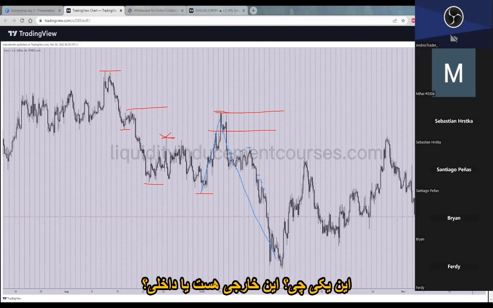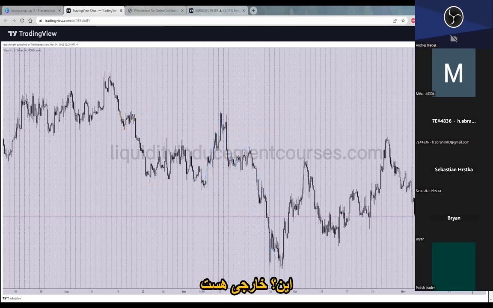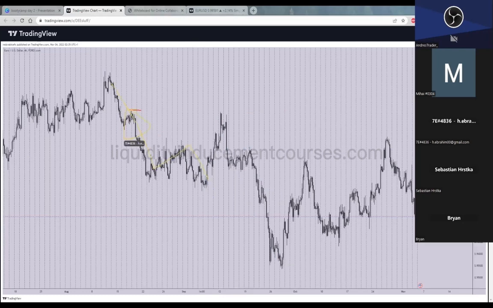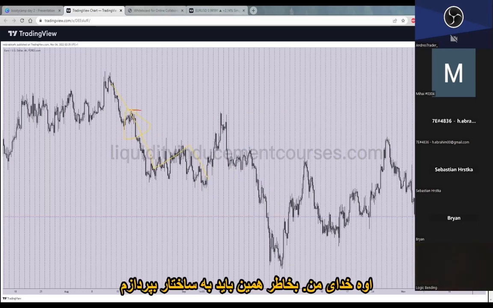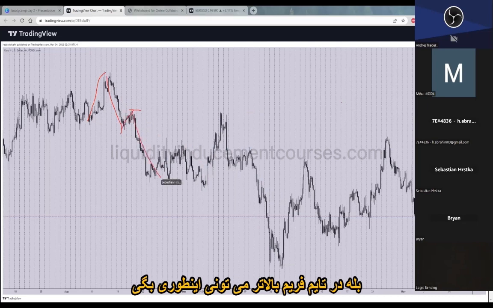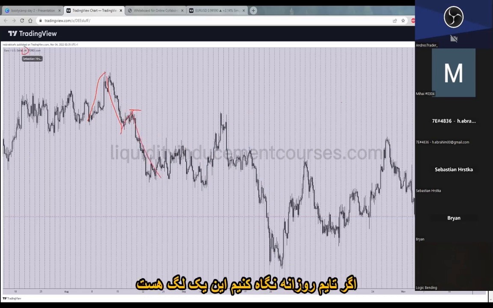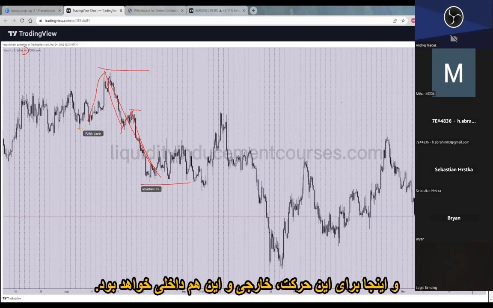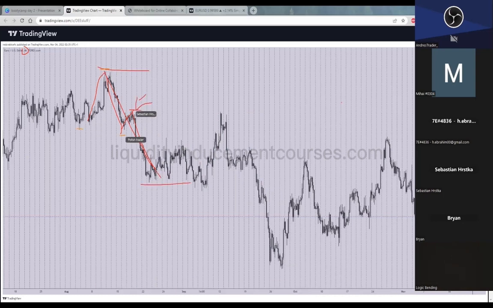But what about this one? External or? This is external, but it's inside this leg. Oh my god, that's why I hate structure. Structure is really subjective. But you can say that on a higher time frame, if we go to daily, this will be one main push, and this will be external, and this will be internal for that push.